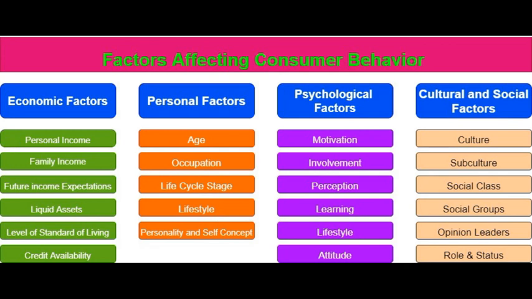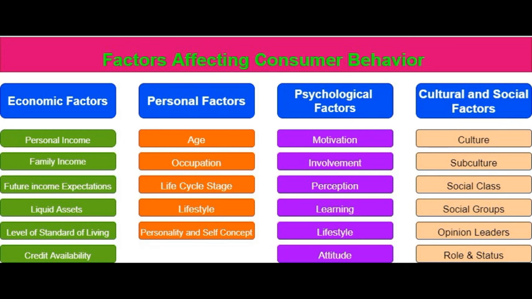Third is perception. Your idea, your belief about certain things, that is going to influence it. Then learning. What you have gathered from your surroundings, from the external environment, which may be peers, friends, some social societies in which you are moving, or your place of work, whatever information you have gathered from these various ends, is going to influence the buying behavior.